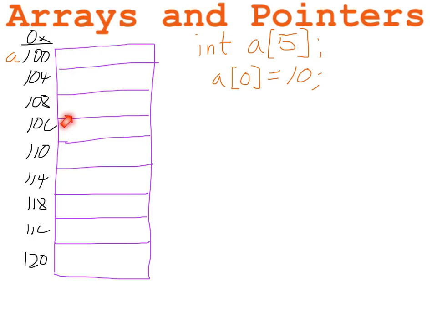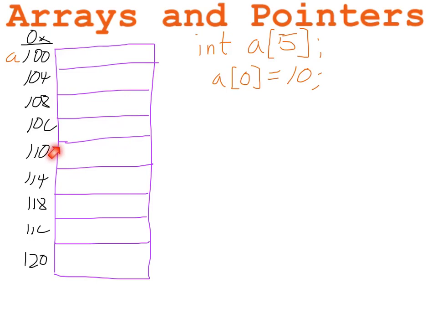Now, we're working with an integer array, and we'll assume that we're also working on a 32-bit machine so that each integer is 4 bytes apiece. That happens to be how I've drawn my memory map here too, so each slot of the memory map consists of 4 bytes. This would be position 0 of A, this would be 1, 2, 3, 4, and so on.